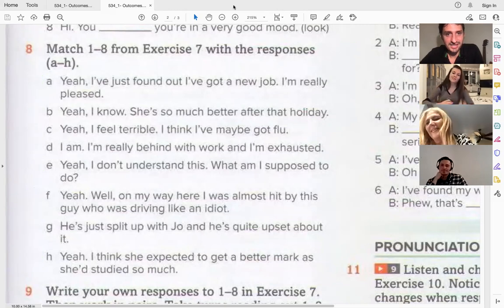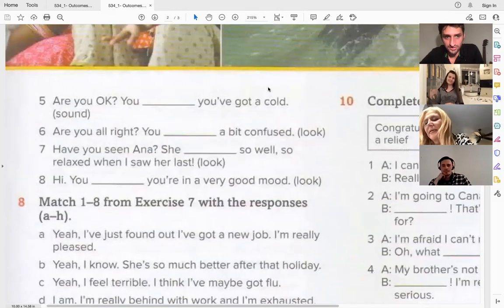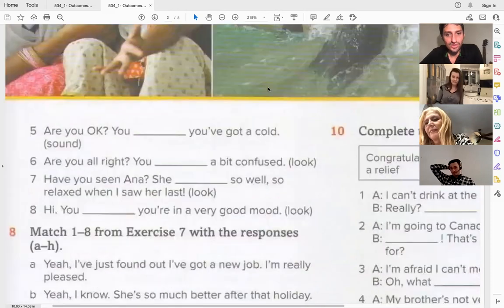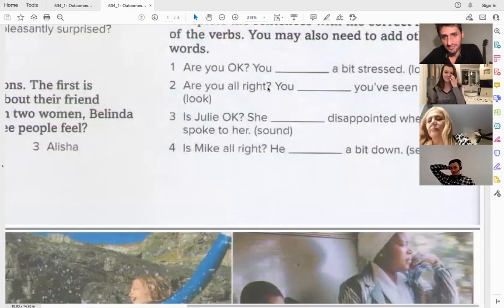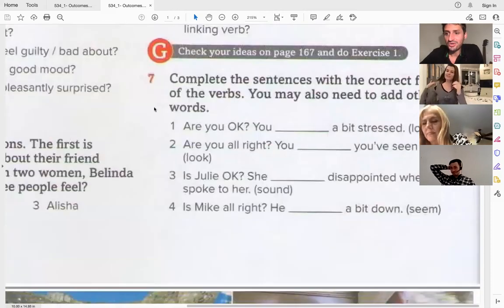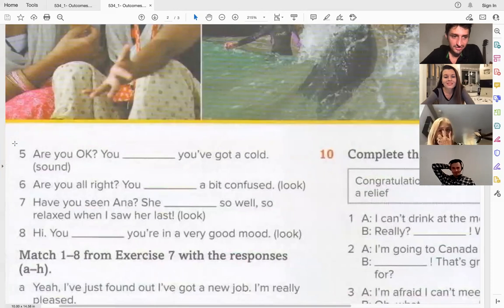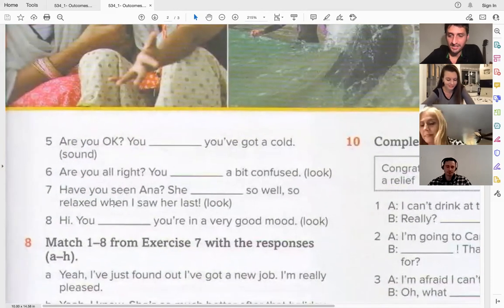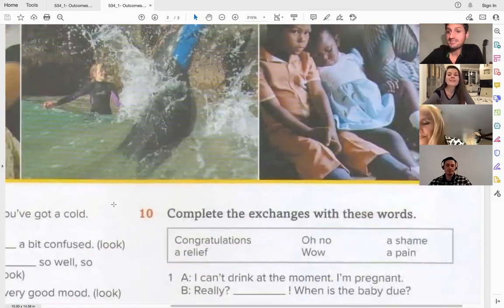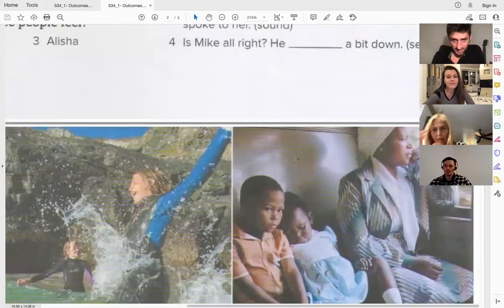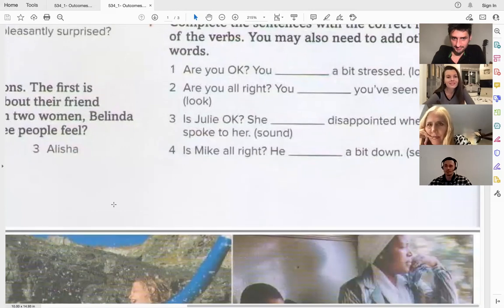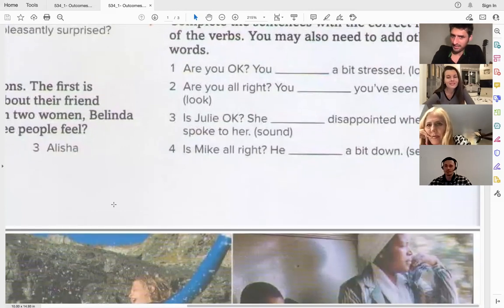Okay, so now we're going to practice your own answers. We're going to do this as a group. This is the way the game works. You're going to choose one of these from exercise 7, and you're going to ask someone in the group. So you can say, oh, Emily, are you okay?